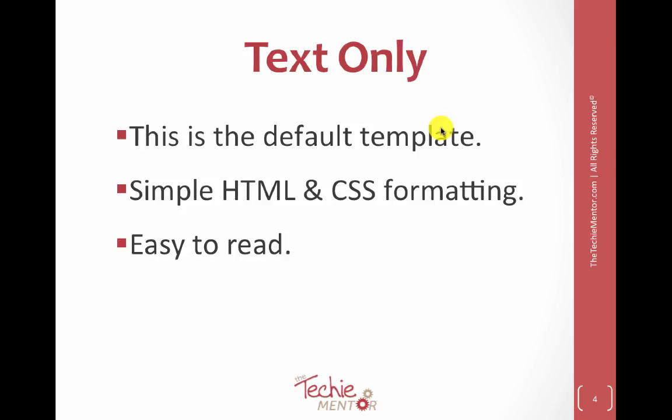It's just a basic text message. It has some simple HTML and CSS formatting, but it's not branded maybe to what you're used to seeing when it comes to receiving emails or e-zines. And it just makes it simple to read on any device, whether it's an email provider like you're sitting at your desktop or you're on your laptop or you're on your phone. It's easy to read. There's not a whole lot of bells and whistles with it.